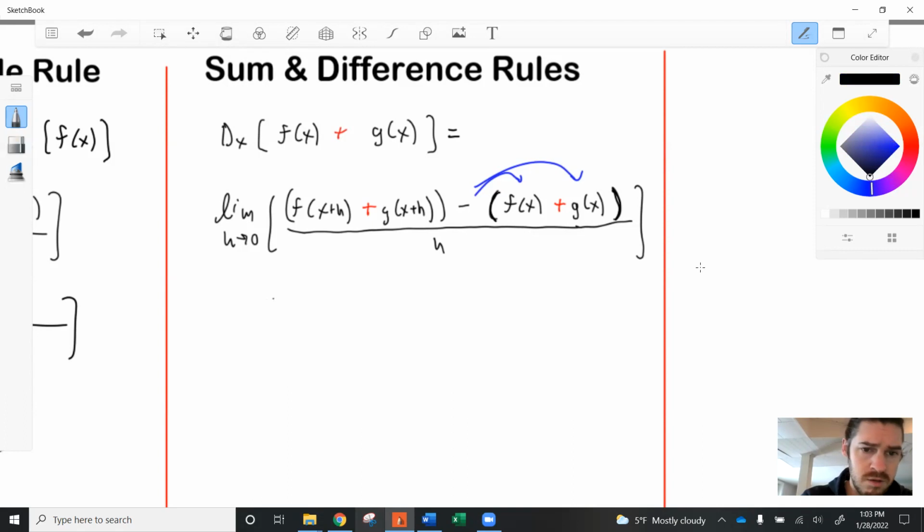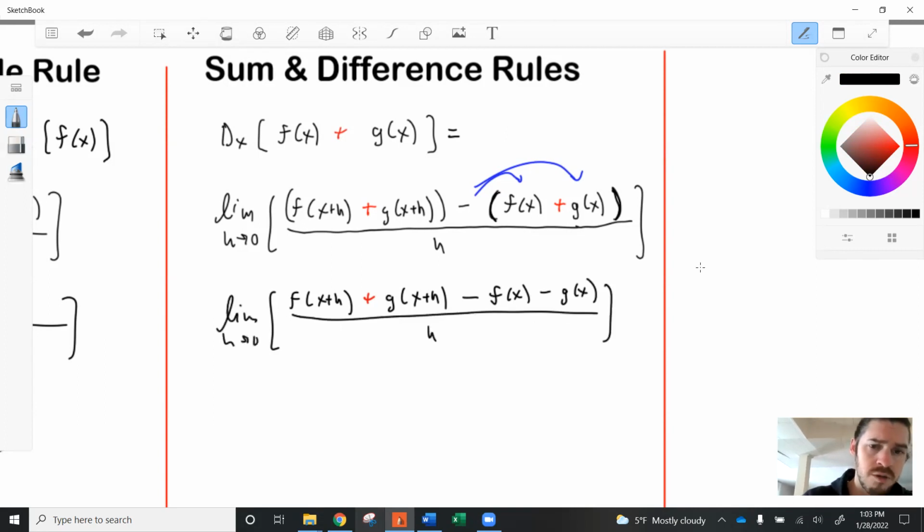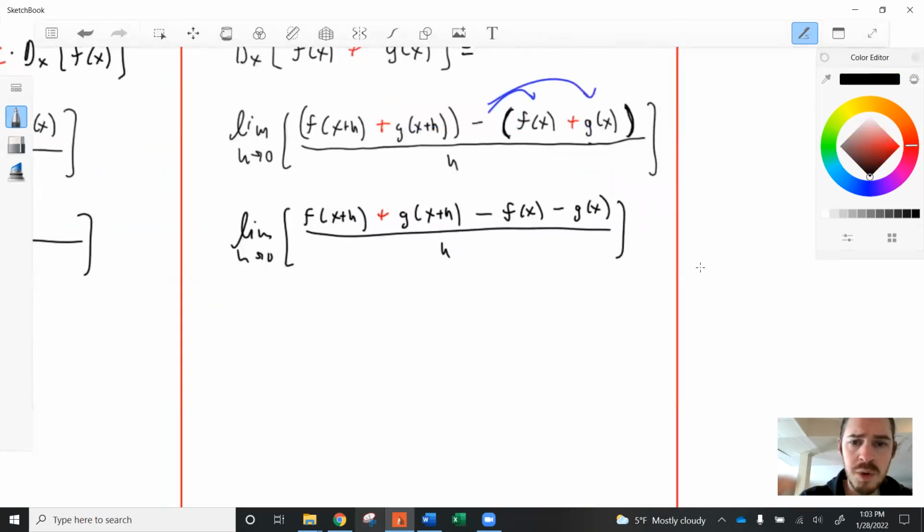All right, so the first thing I'll do is go ahead and distribute that subtraction. I'm going to omit the parentheses on the left side here, and we're going to have minus f of x and minus g of x. Okay. So next, I'm just going to do a little bit of rearranging.